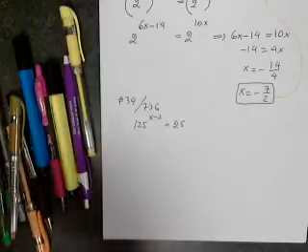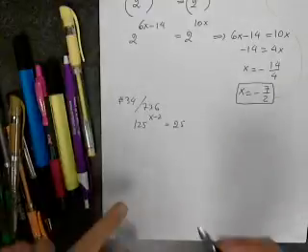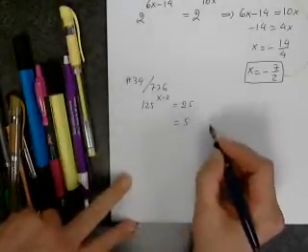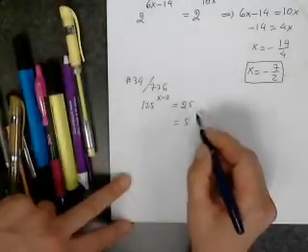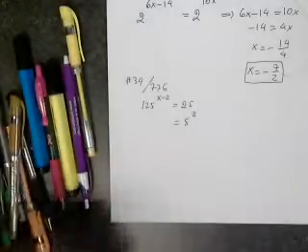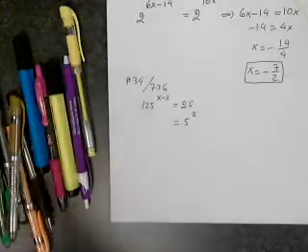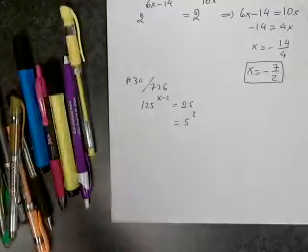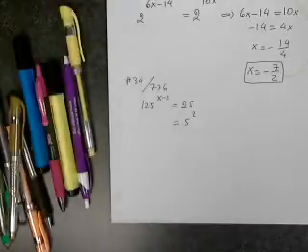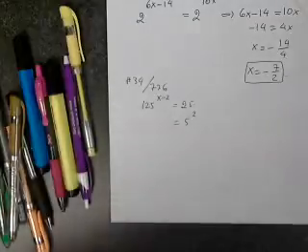What base are you thinking of? 5. So the right-hand side will be 5 raised to the... Yes, we like to stick with prime numbers as a general rule, although sometimes non-prime numbers may work. The left-hand side, I need to replace 125 with the same base. Very good. 5 cubed indeed.